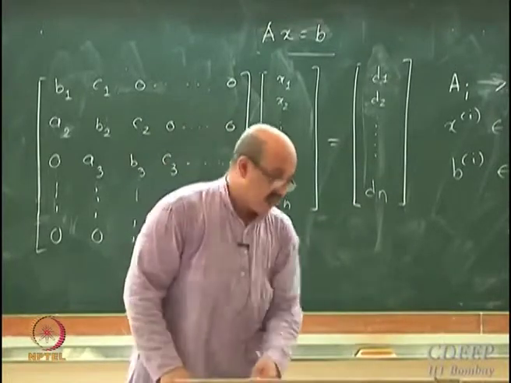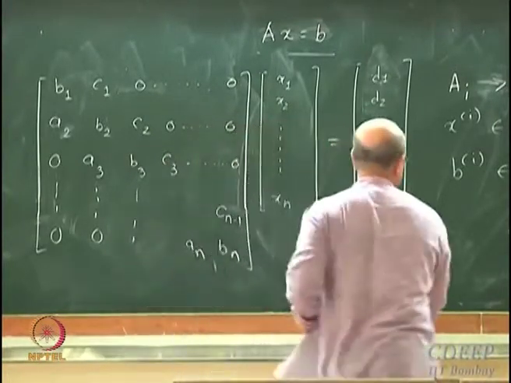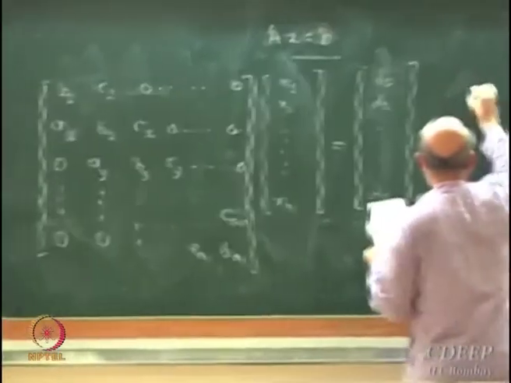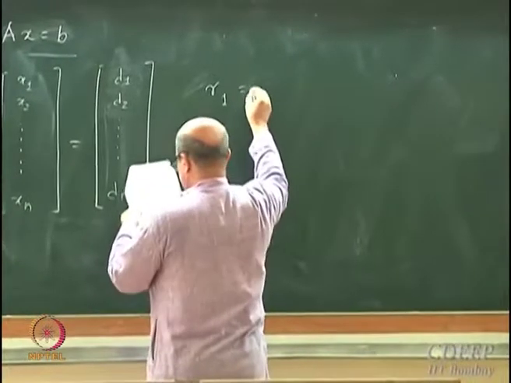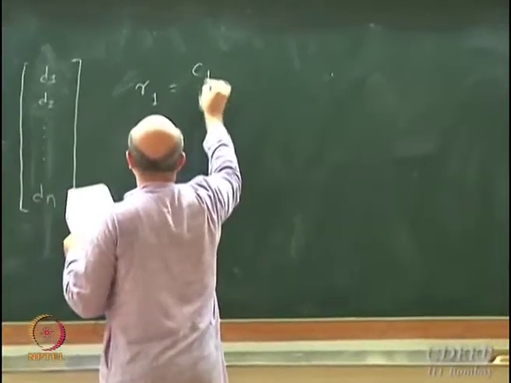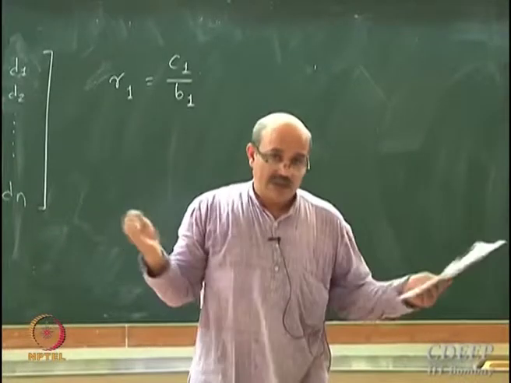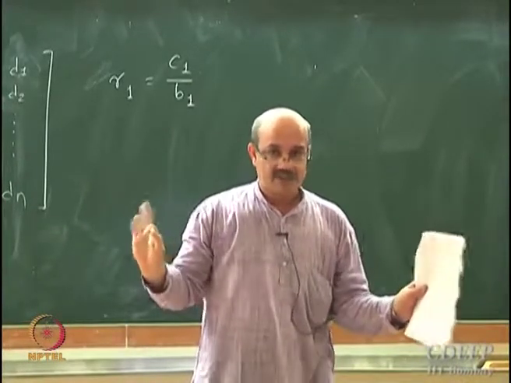So if we write the steps here, it will be something like this. I am going to define gamma 1, which is C1 by B1. I am just writing it algorithmically. What I am doing is basically Gaussian elimination.